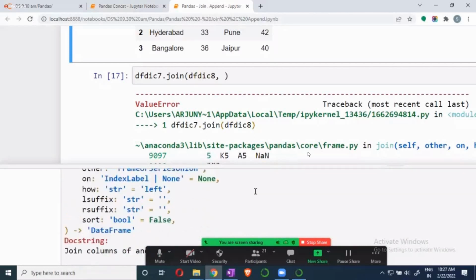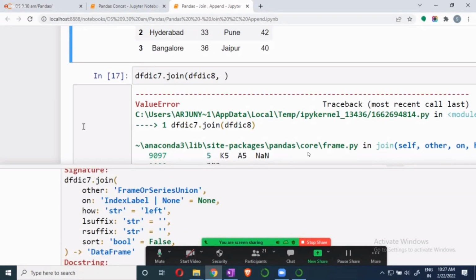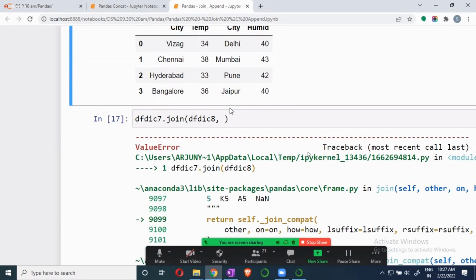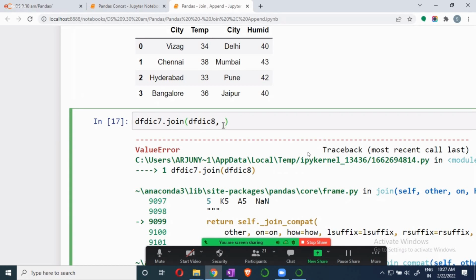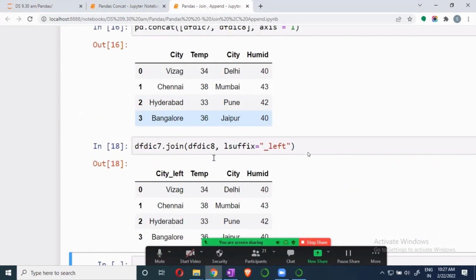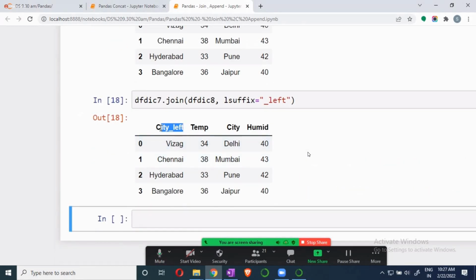Now, only that one is important over here. Now, let me do this. Left suffix, here I will give it as underscore left. Now you see, I got the left side city as left.